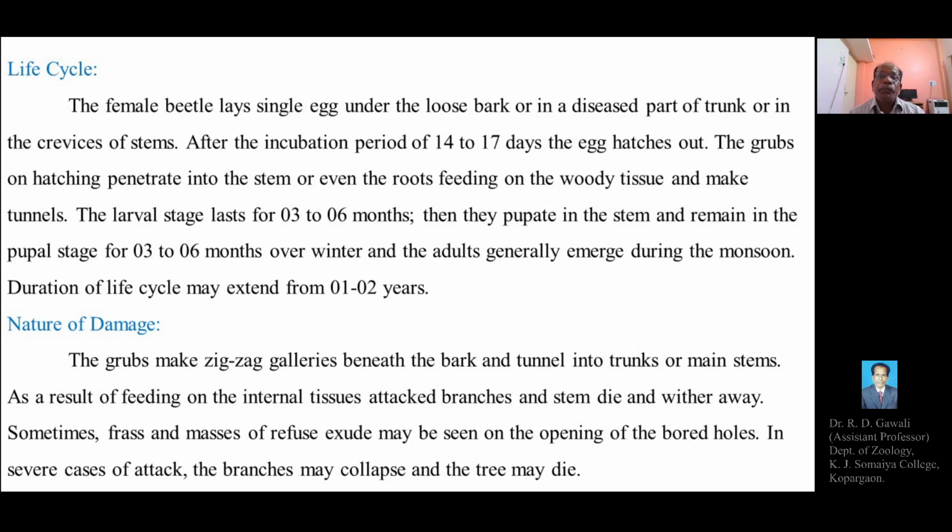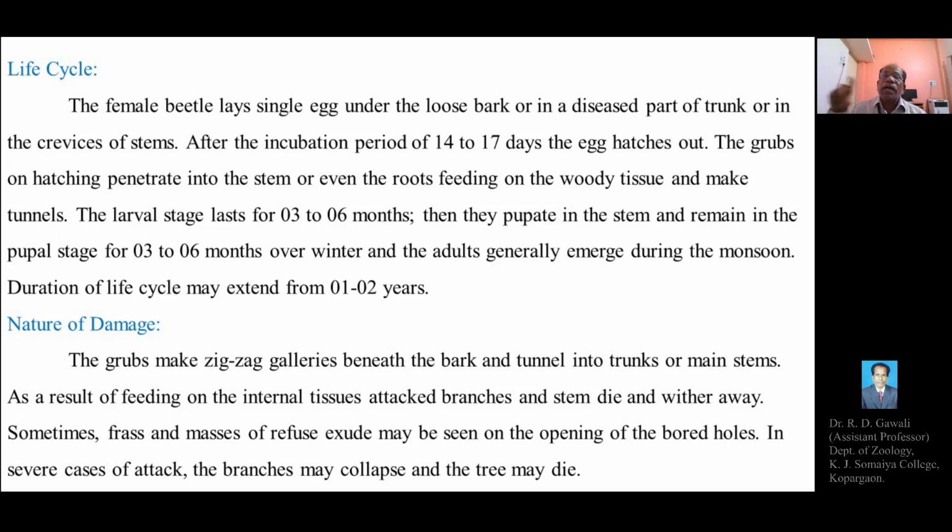The grubs or larvae of the mango stem borer make zigzag galleries or burrows or tunnels beneath the bark and tunnel into the trunks or the main stems. As a result of feeding on the internal tissues, the attacked branches and stem die and wither away.